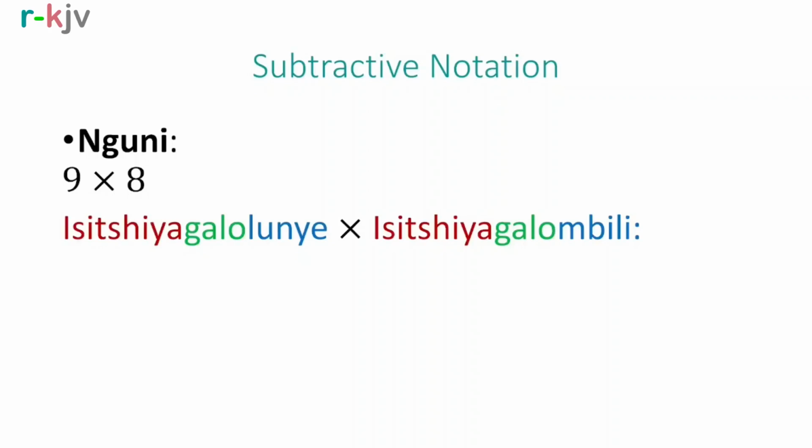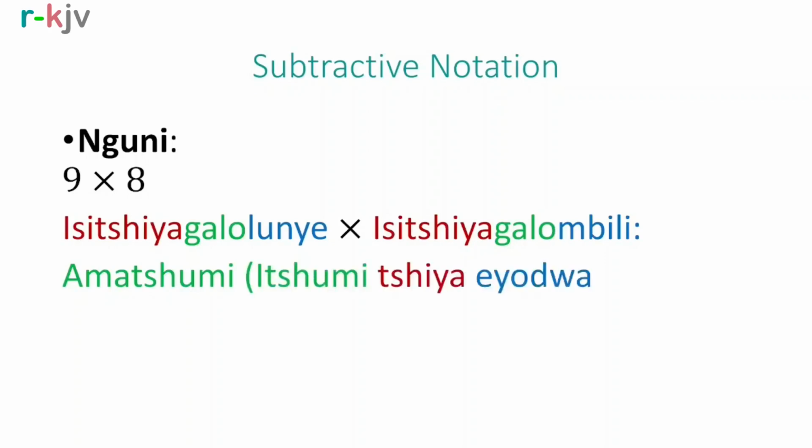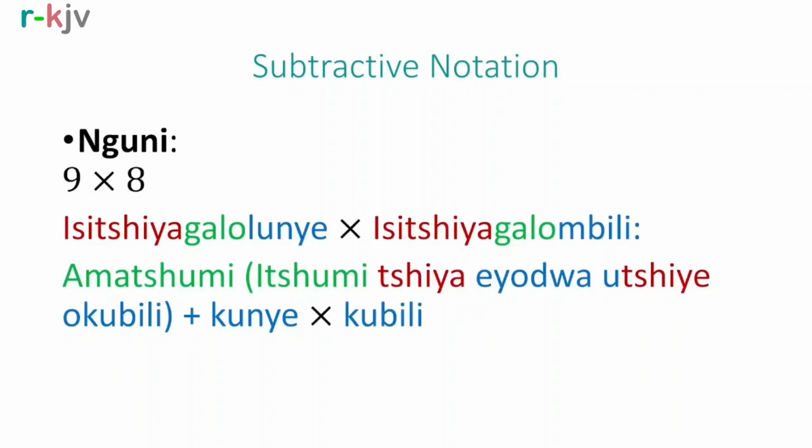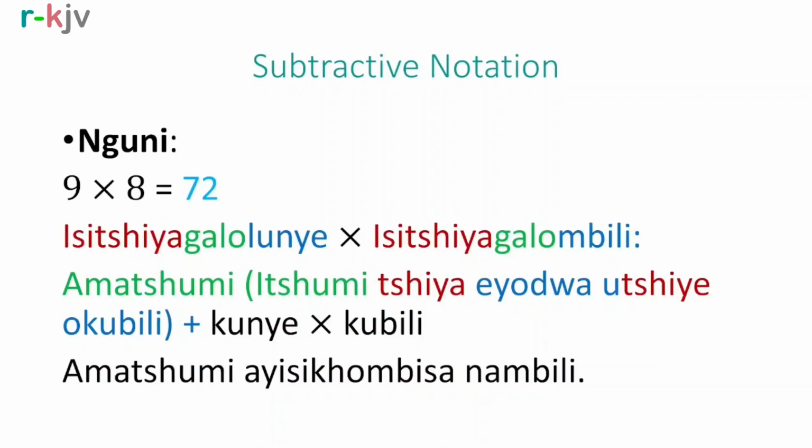The base value amachumi is equivalent to the base ichumi less 1 chia kunye, or chia eyodwa less 2 chia okubili. As for the number of units, it's 1 kunye multiplied by 2 okubili. The result is 72. Amachumi ayisikhombisa nambili.